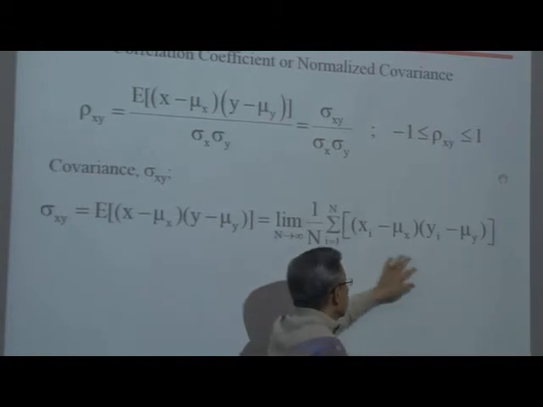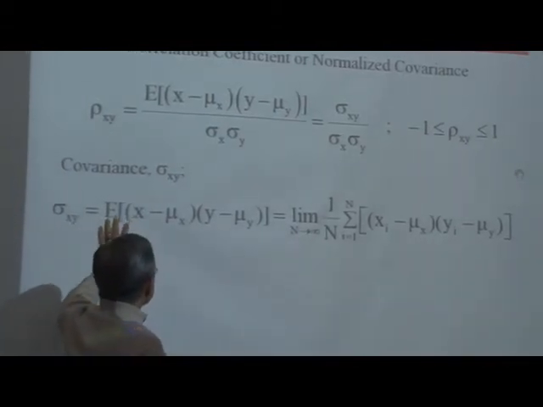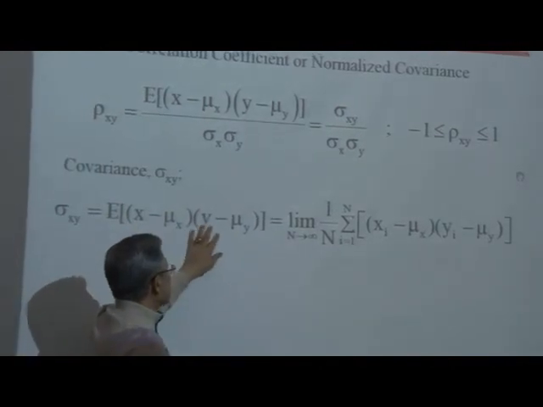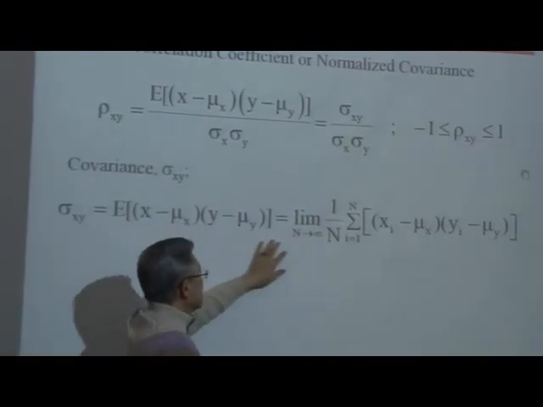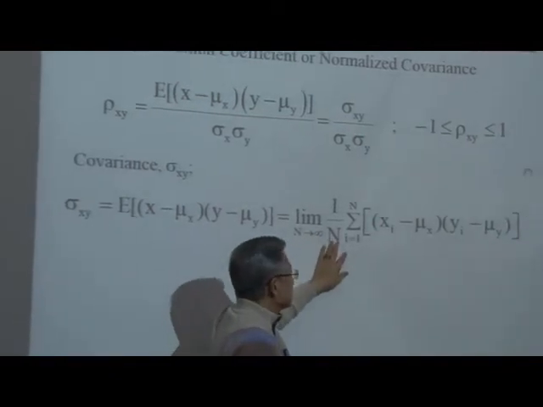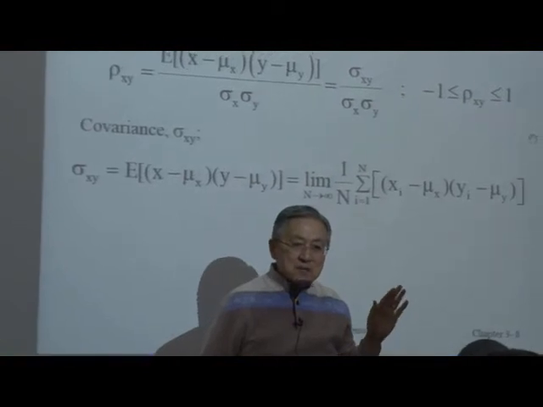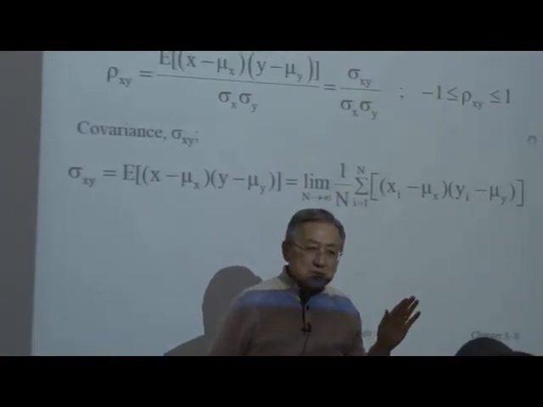Okay? And this expected value, the definition of this covariance is limit 1 over n. 1 over n is something like what? It's like a probability density function, remember.